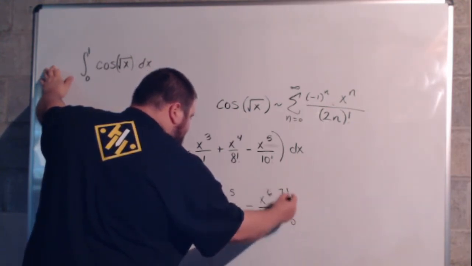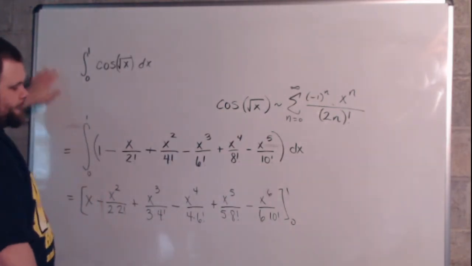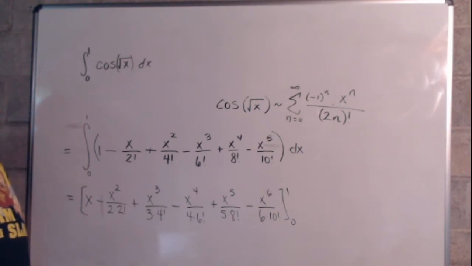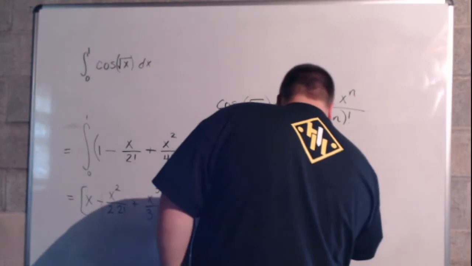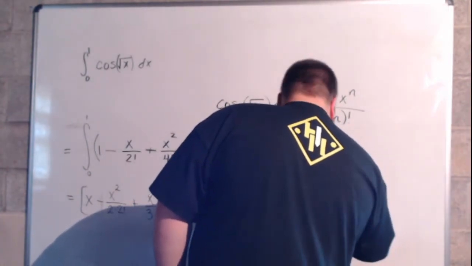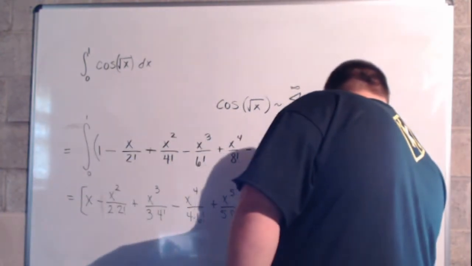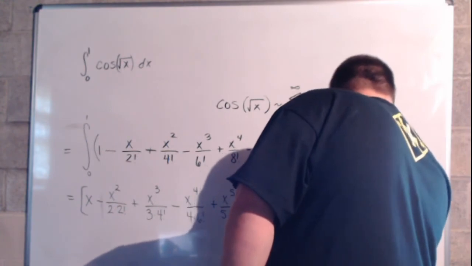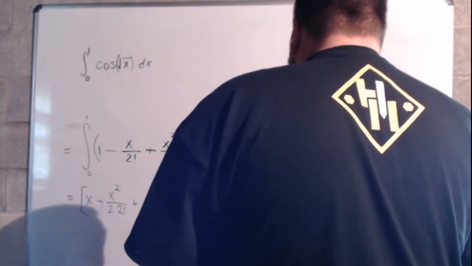All evaluated from 0 to 1. Again, the nice thing about plugging in 0 here is everything goes to 0, so really I only got to worry about plugging in 1. So let's see, this is 1 minus 1 over 2 times 2 factorial, that's 4, plus 1 over 3 times 4 factorial.